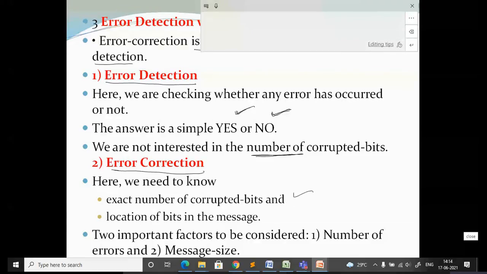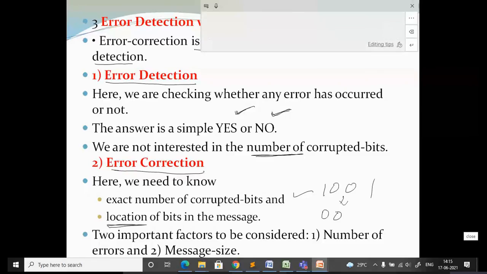Why do we need the location of the bits in the message in error correction? That is obvious, no? When you want to correct, suppose 001 is sent and you have received 011. In error detection, you will come to know that there is an error, yes. In error correction, it should find out how many bits got corrupted.